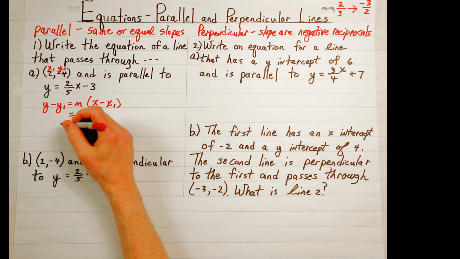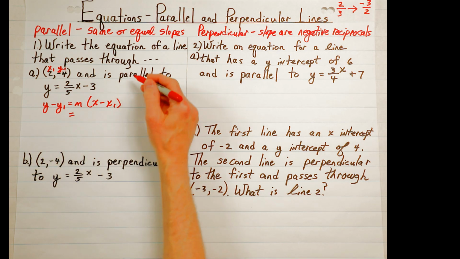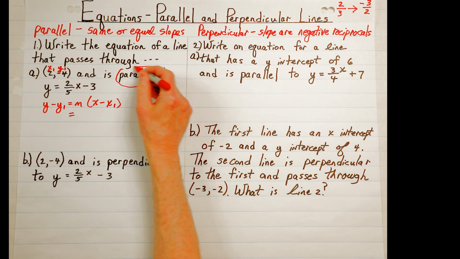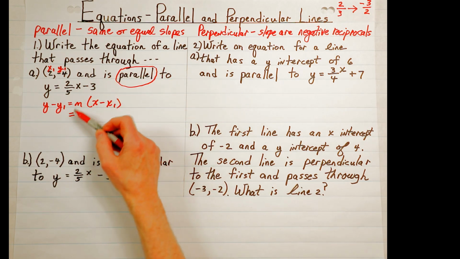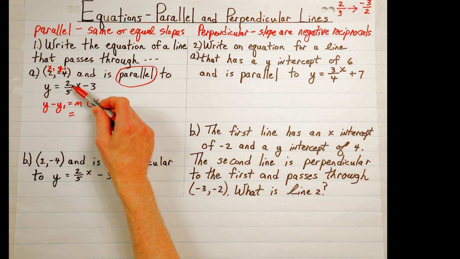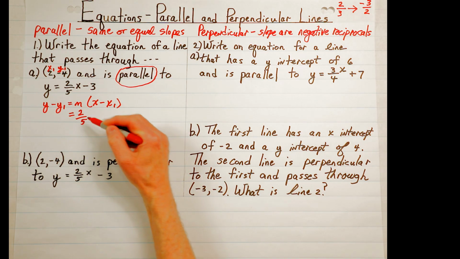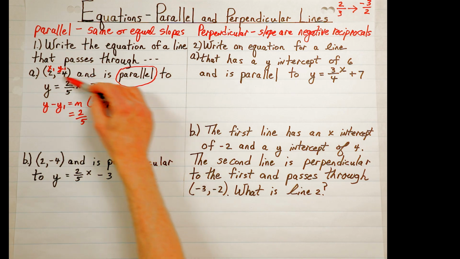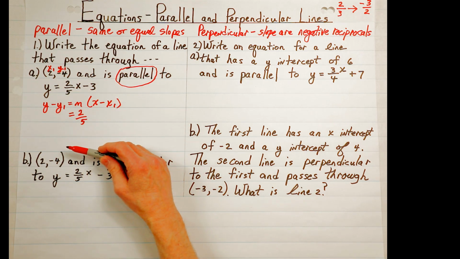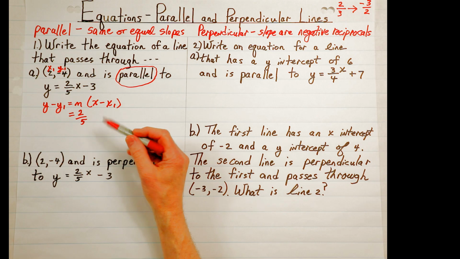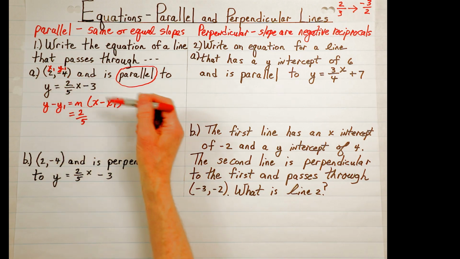Now because this is a parallel question, keyword, the slope of the line is going to be the same as the original equation, and it has to pass through (2, -4).